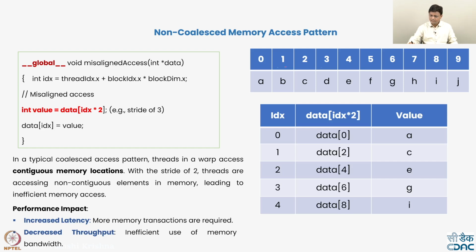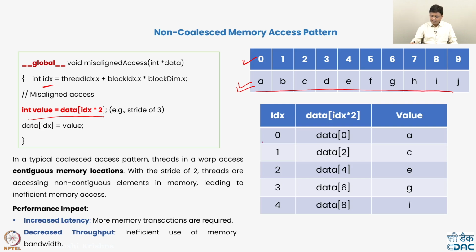Suppose this array has addresses 0 to 9, and at each location there are some elements: a, b, c, d, e, f, g, h, i and j. Again, this is the memory location, and this indicates the elements present in the respective memory locations. Now I have developed my kernel with this logic. Again, idx is the global thread ID of the threads.